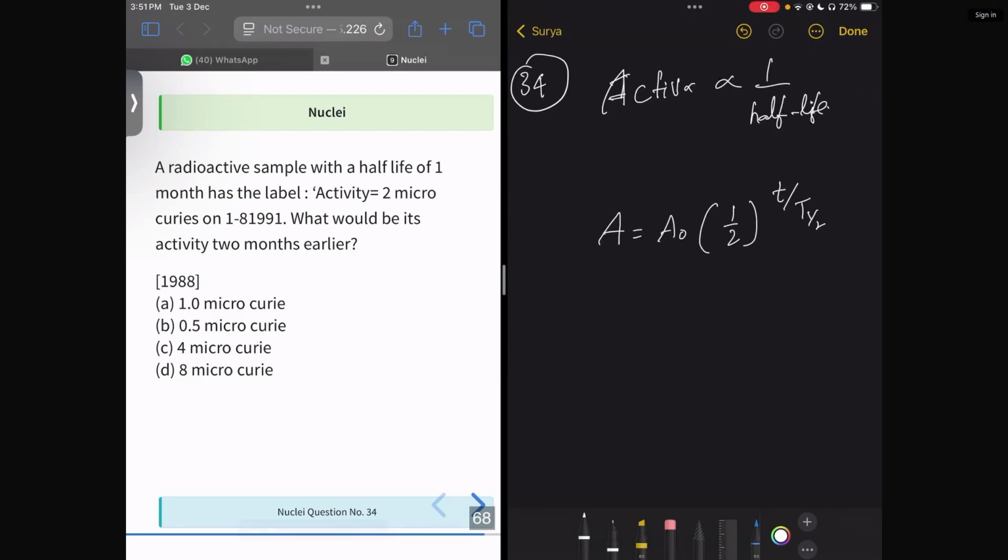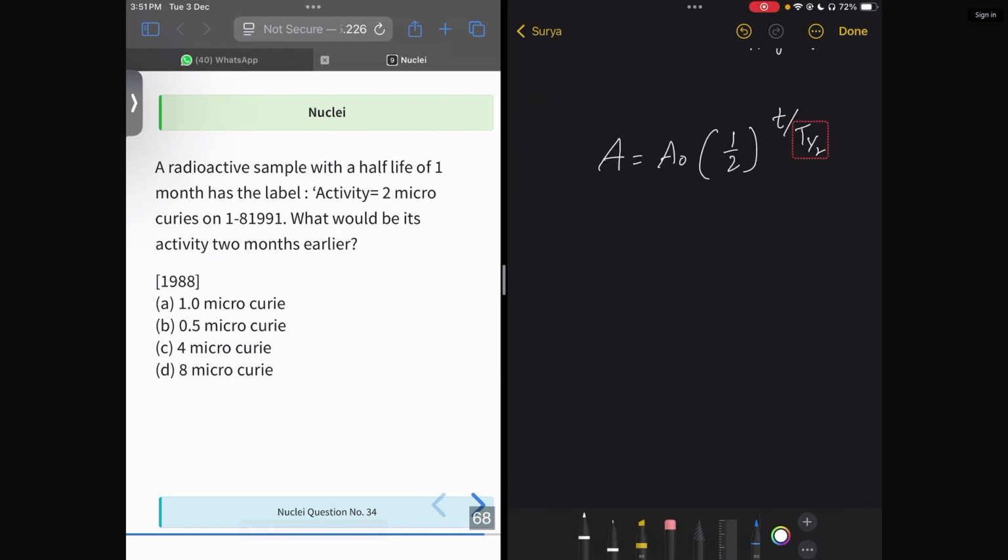For each month earlier, the activity will have doubled: 2 microcuries becomes 4 one month earlier, and 2 months earlier it will be 4 into 2, which is 8 microcuries. So option D is the right answer.